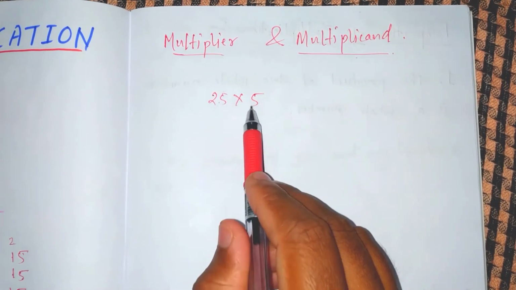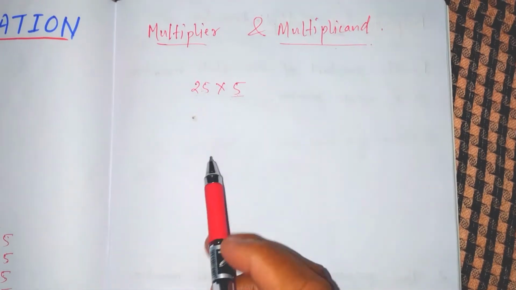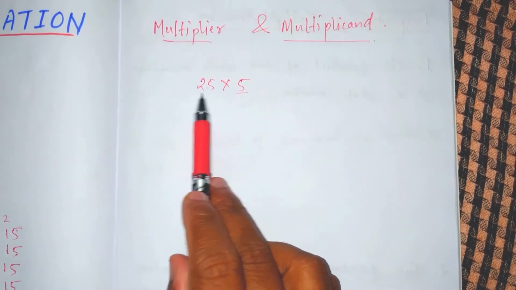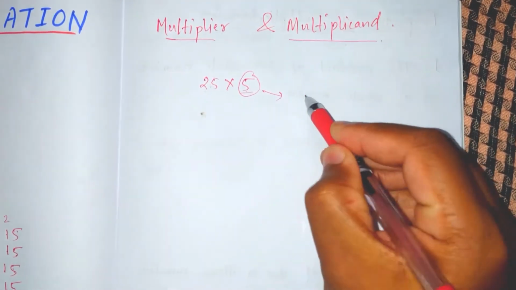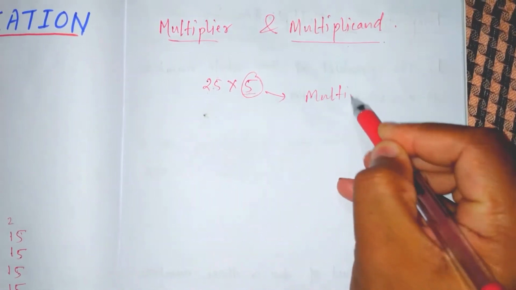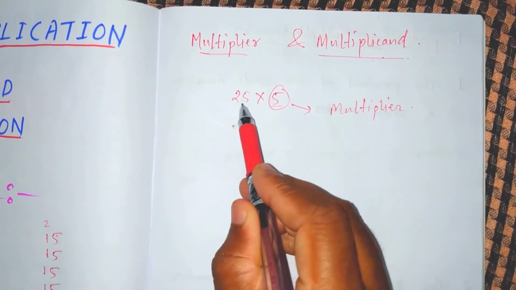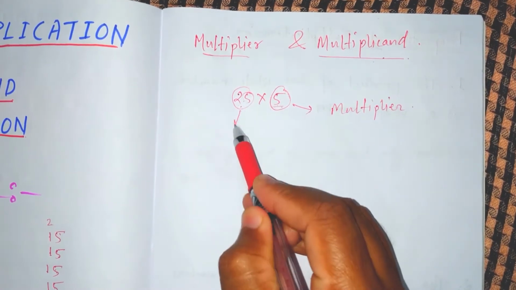That means this 5 is multiplier in this case, because this number represents the number with which this 25 is to be multiplied. Okay, so here 5 is multiplier, and multiplicand is the number which is to be multiplied. So here 25 is to be multiplied with 5, that's why 25 is multiplicand.